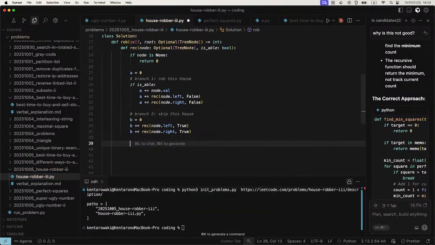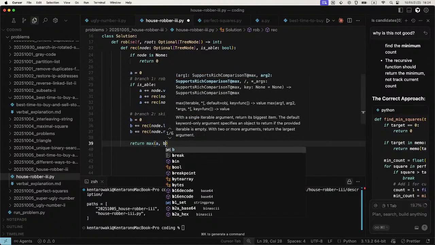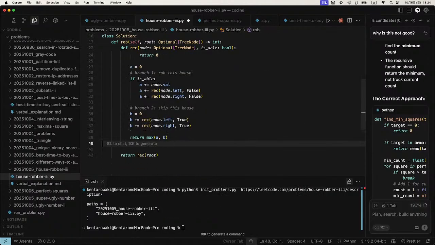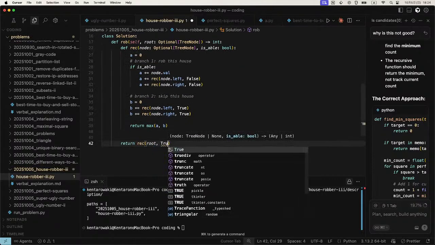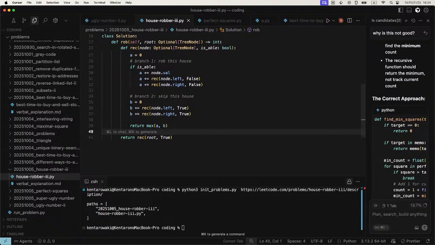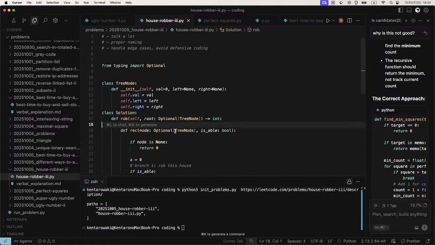Okay, and return the maximum one. Able is true.